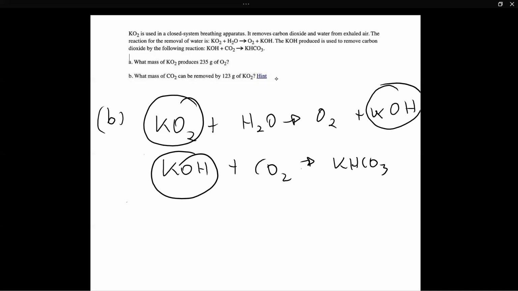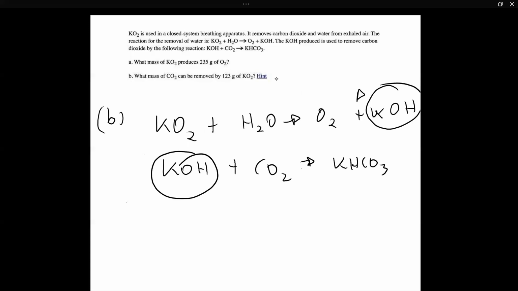So if we figure out how many moles of KO2 are being used, we can figure out how many moles of KOH are being produced. And if we figure out how many moles of KOH are being produced, we can figure out how much CO2 that many moles of KOH can remove.